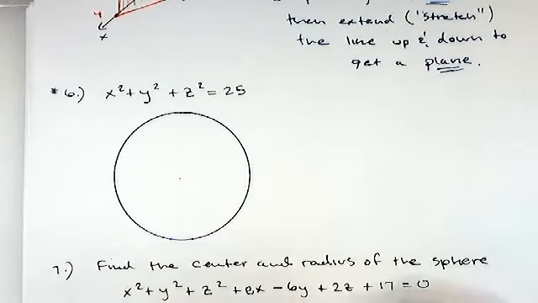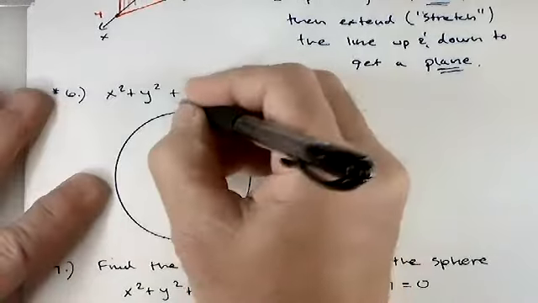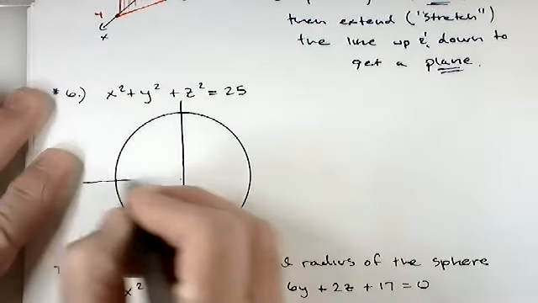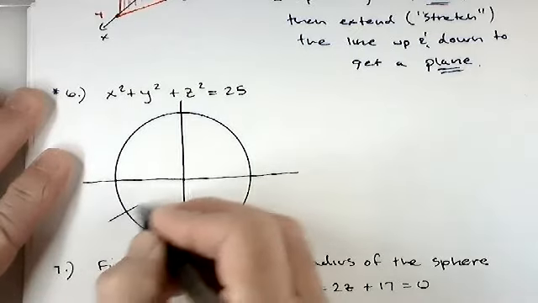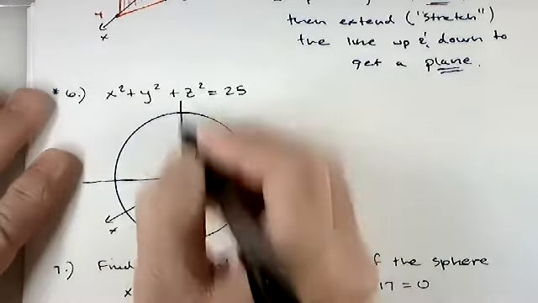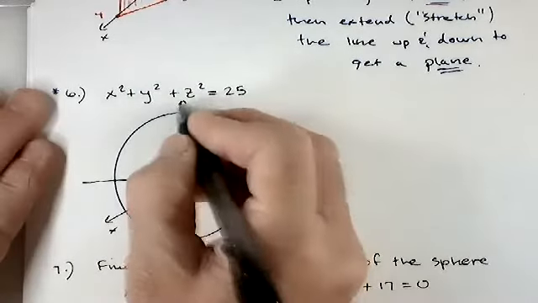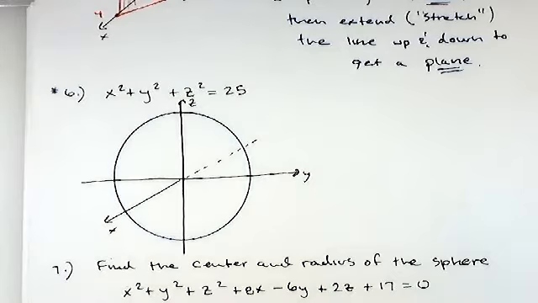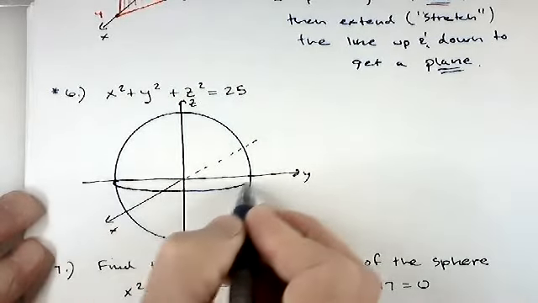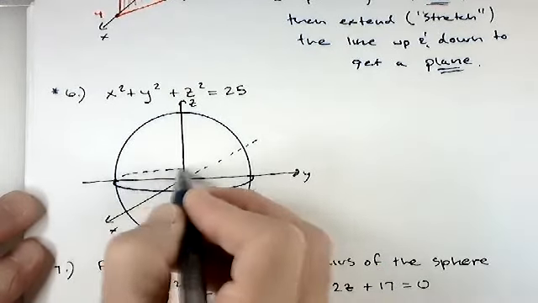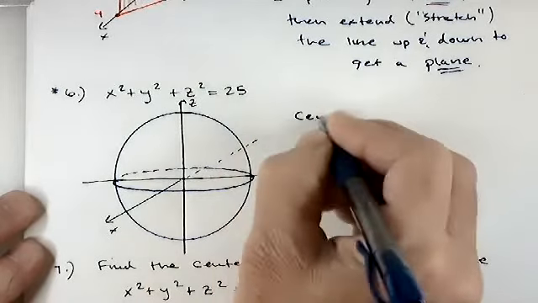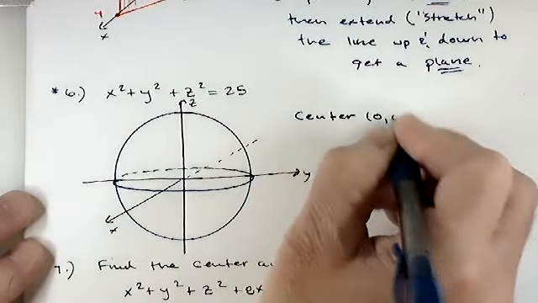So let me put my axes in here. So this is X, Y, Z. That looks like a circle to me still. So if you're trying to sketch a sphere, you can always put like an equator around it. Gives it more of a three-dimensional feel. So my center is the origin.